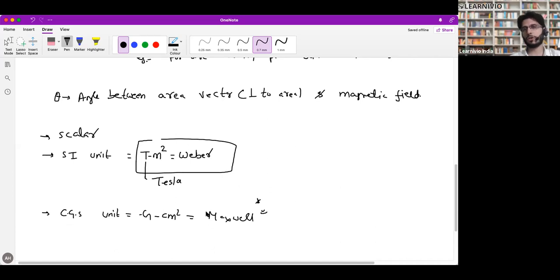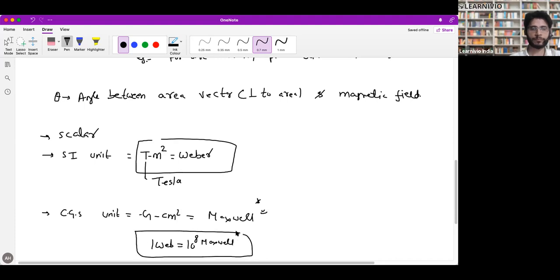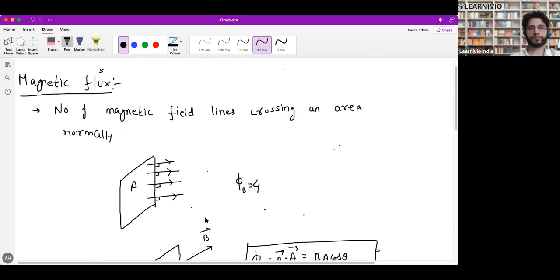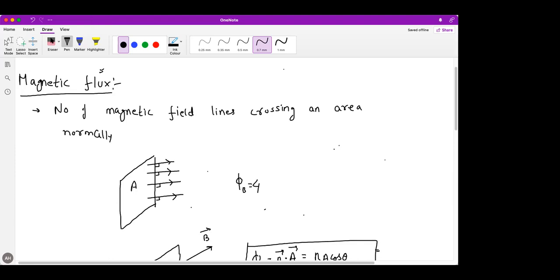What is the CGS unit of magnetic flux? Maxwell. 1 Weber is 10 raised to the power 8 Maxwell. Note it down. Then we will do a few questions on this concept. Tell me once you have written.